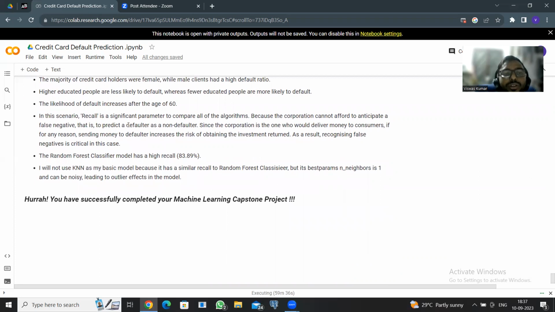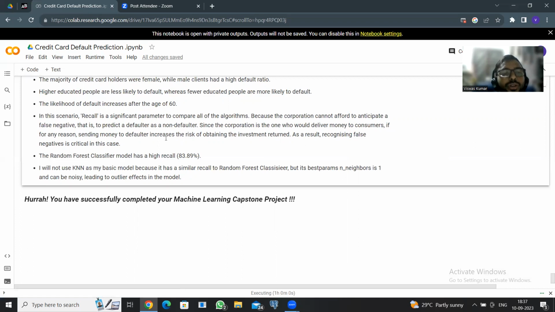In this scenario, recall is the significant parameter to compare all of the algorithms, because the corporation cannot afford a false negative. You cannot wrongly predict a defaulting customer as non-defaulting, because it can be a huge loss to the organization. So we consider recall as our metric to compare the performance of the models.